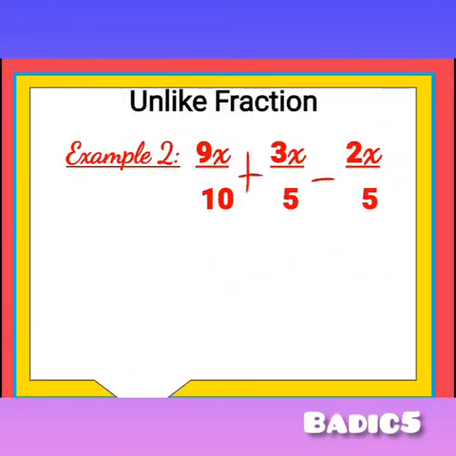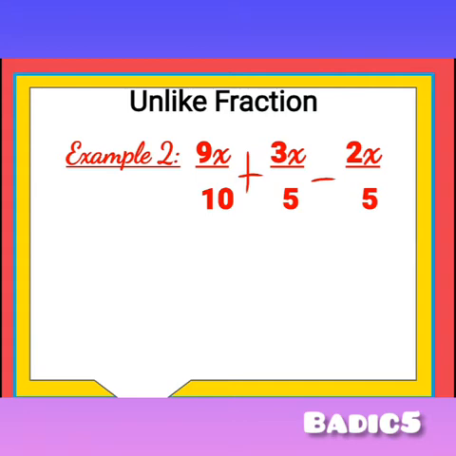Let's take another example. This time around we have unlike fraction. Unlike fractions are fractions with varied denominators. The denominators here are 10 and 5. So what do you do when you have this kind of fraction in the normal addition and subtraction of fractions? You first of all find the LCM.